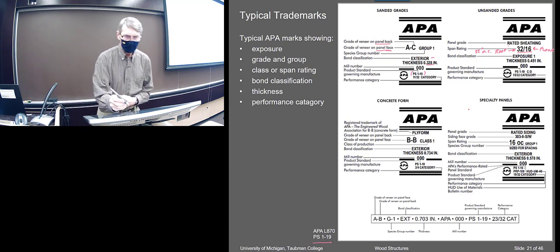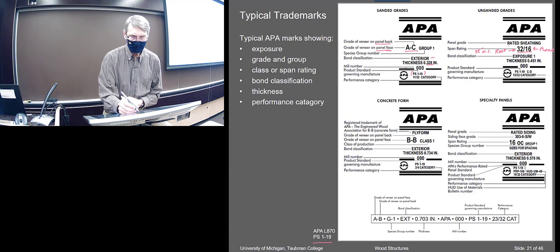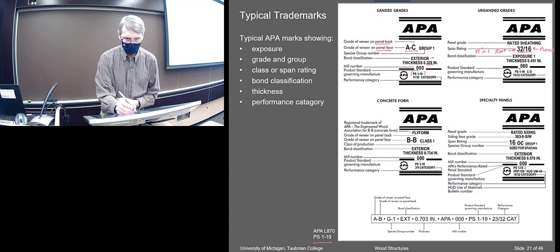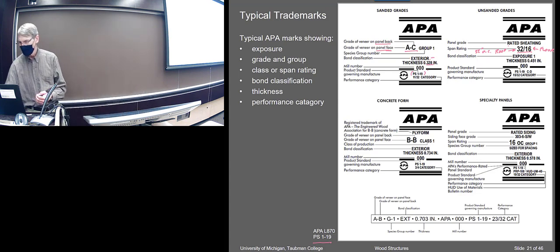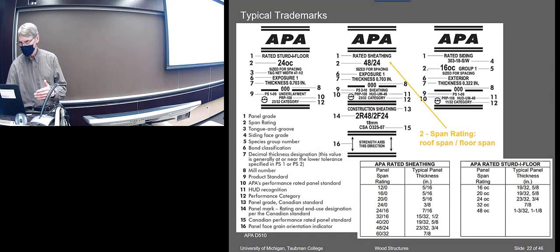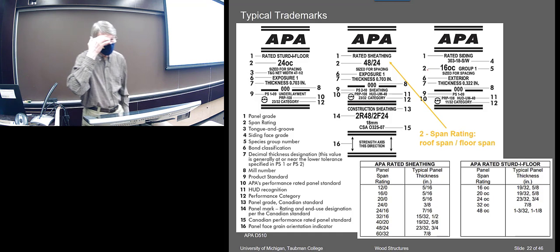Like this is a sheathing, undoubtedly, and I would guess exterior, yeah. And so they don't put any span ratings on it. It's not intended to be used as flooring. It's a vertical sheeting. Okay, here are some others.